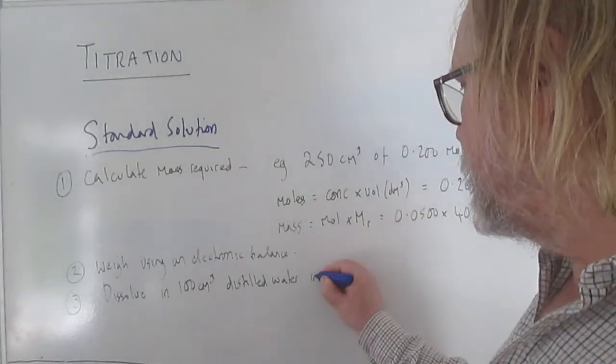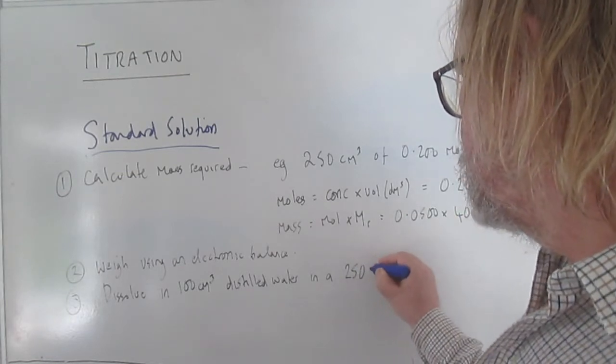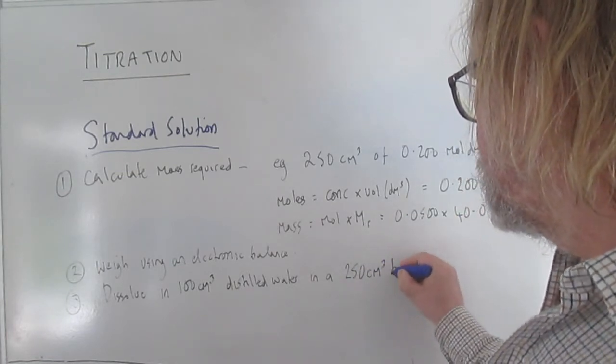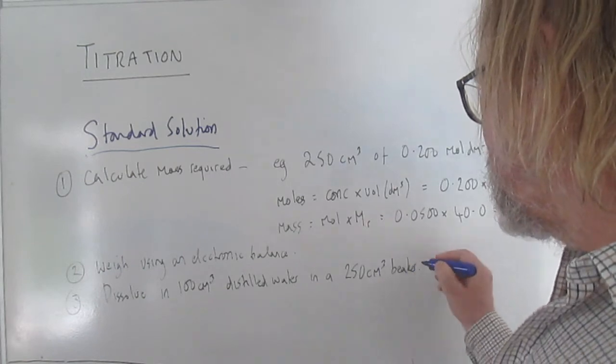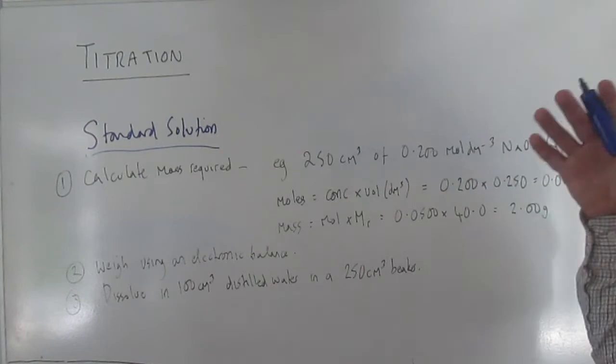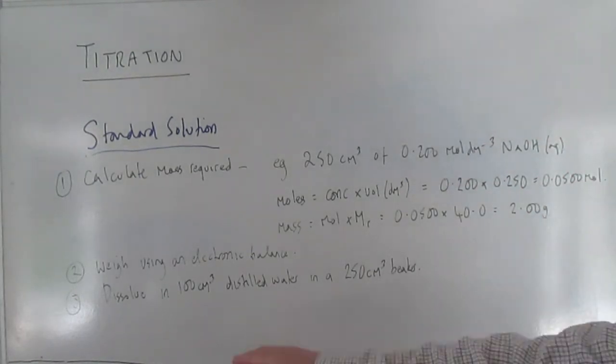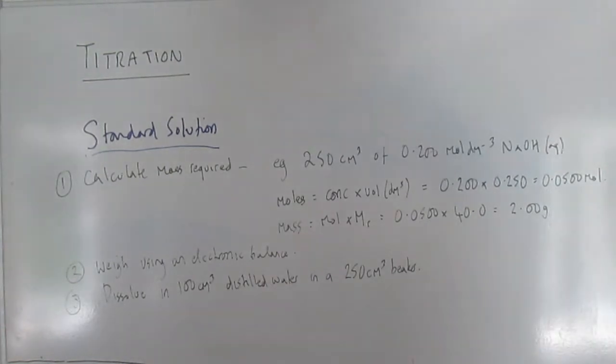So in, let's say, a 250 cm cubed beaker. And that may seem a bit trivial, and you would only do that in questions where it clearly wants you to specify the practical details. Okay, so you dissolve in 100 cm cubed. Specify distilled water. Don't just say water.